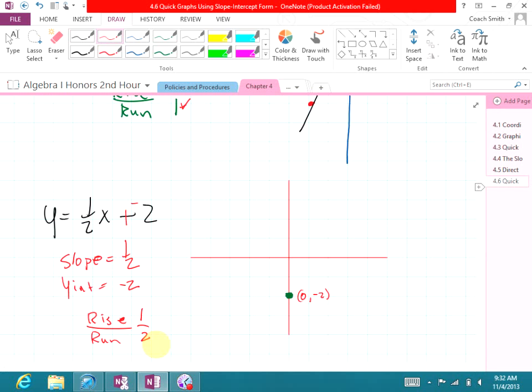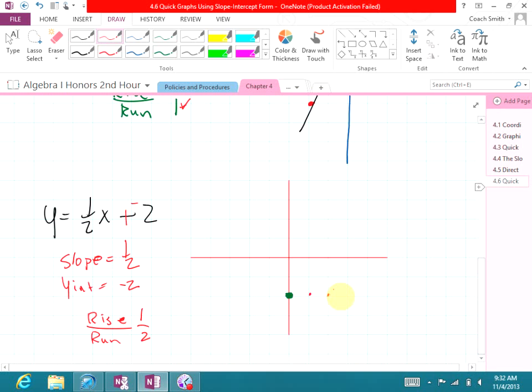Okay? So I have to make a positive slope triangle. I knew I put that in the wrong spot. I'm going to go over 1, 2, because that's my run. So going over this way, going to our right is what?